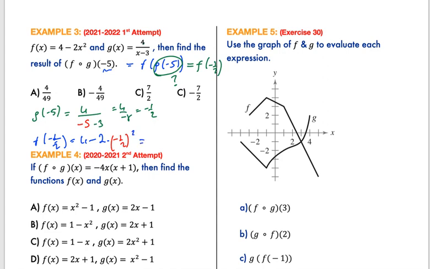When I simplify this expression, you can either use your calculator or do these calculations by hand. You will find 1 over 4 here, 1 over 2, 4 minus 1 over 2, 3.5, 7 over 2. So option C is the correct answer here.